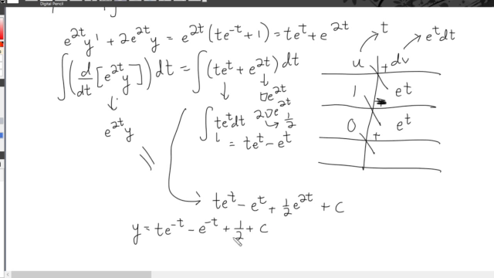Or you could just turn it into plus c, since 1/2 is also a constant. Okay, and let me actually just clean this up a bit. So we can rewrite this as t minus 1 times e to the power of negative t plus 1/2 plus c.